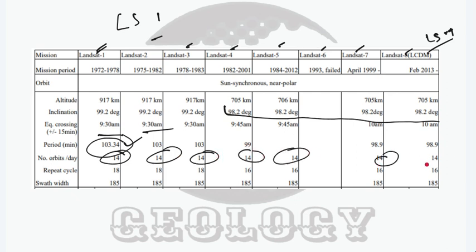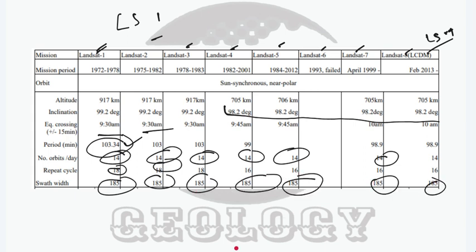Per day, they encircle 14 times pole to pole. Repeat cycle is 18 days and swath is 185 kilometers. Okay. So these are the specifications of Landsat. So here you can also see the time range of how long each is working. Okay, let's say 7, 8, 9 are working now.